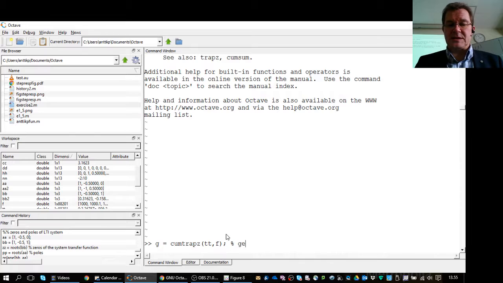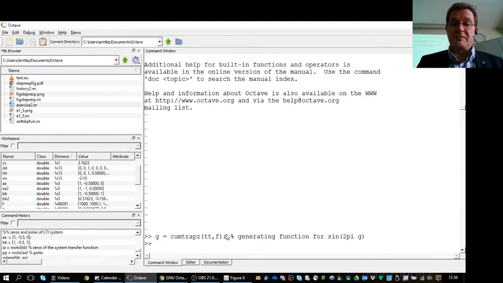This is the generating function for sine 2 pi g. And now finally our signal would be ss equals sine 2 times pi times g.